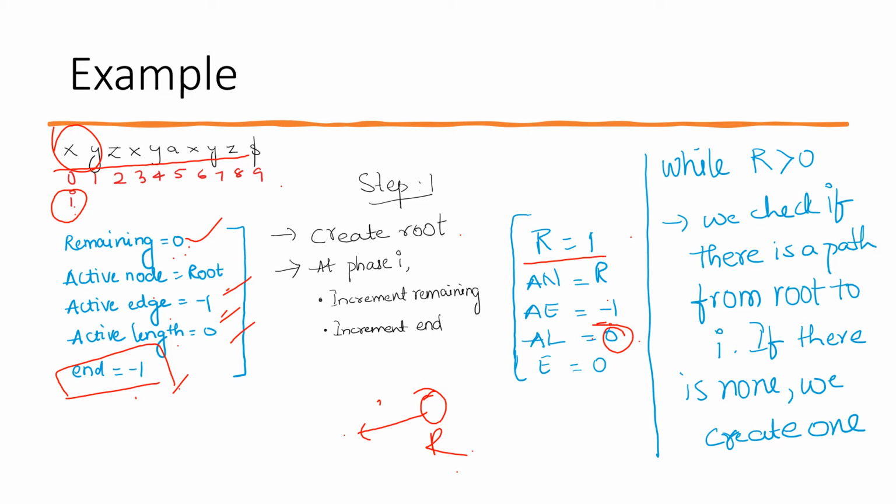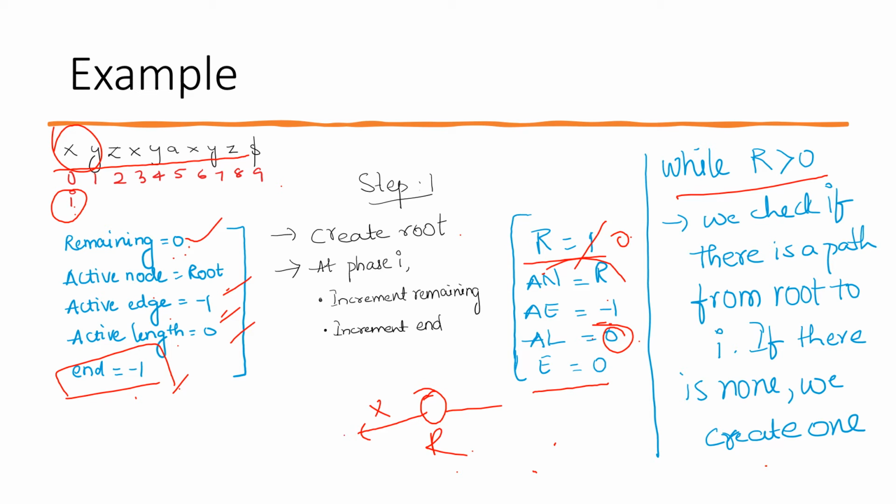So we'll create x, and we will decrement the remaining to 0. Whenever remainder is greater than 0, we have to keep checking and keep updating these active nodes. And if there is no path, we'll keep creating one and keep updating all these values.